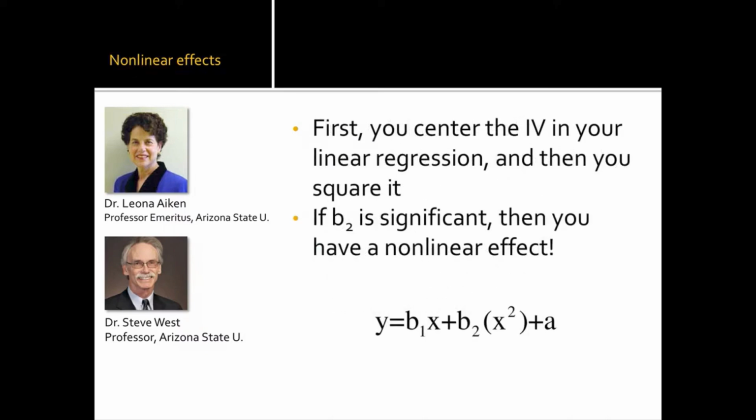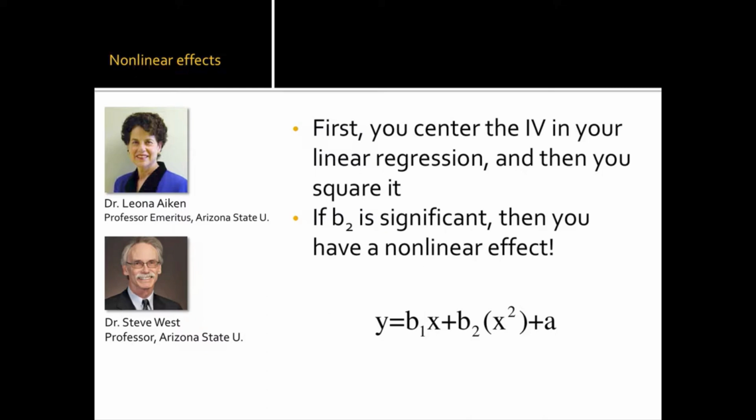You center your IVs first, and then, I guess this is just your single IV in a single IV regression, you square it after having centered it, and that x squared, or that IV squared, represents the nonlinear effect. So if you get a B2 in that equation that you see, and it is a significant B2, then you have a significant nonlinear effect.